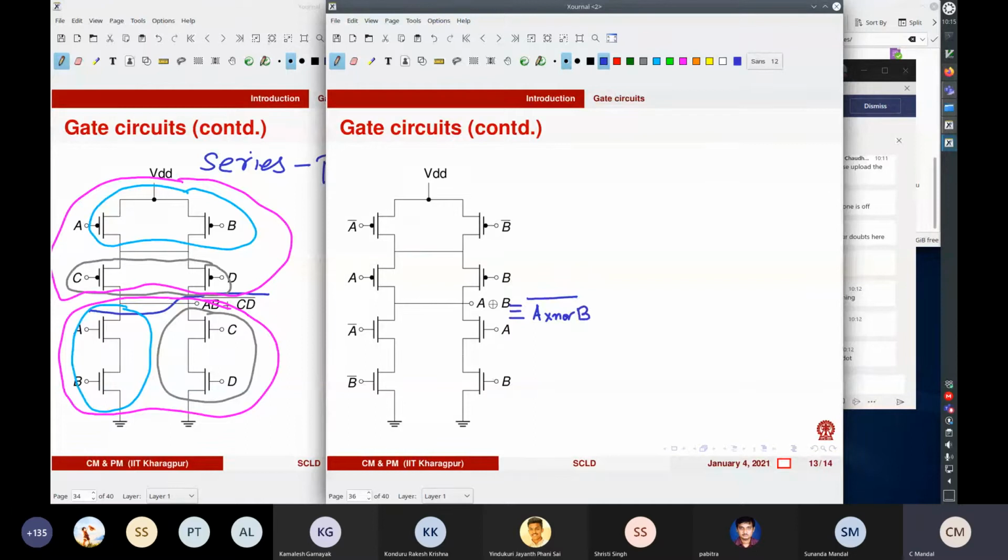So if you just consider how XNOR works, then you can just treat it as a complement.